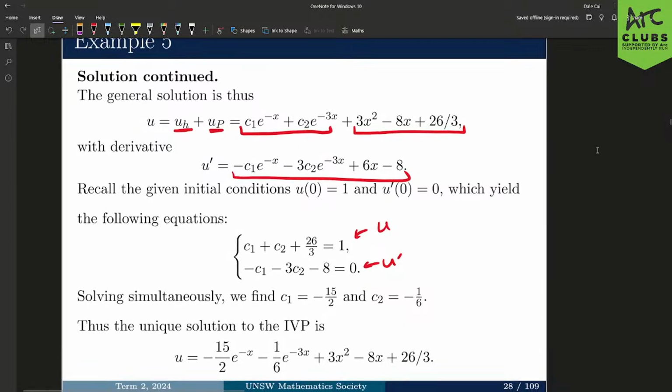It's fairly straightforward, it's just a bit tedious. Solve for C1 and C2 simultaneously. We get these two values, and those are the coefficients of e to the minus x and e to the minus 3x. And this is our final solution.